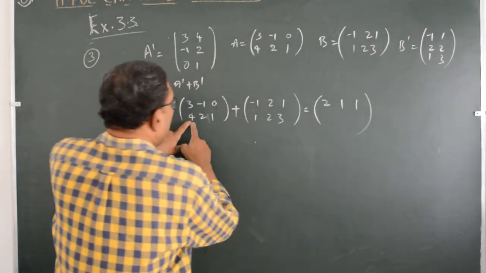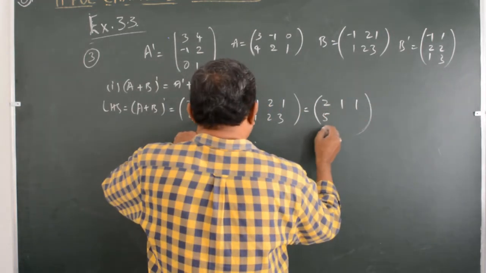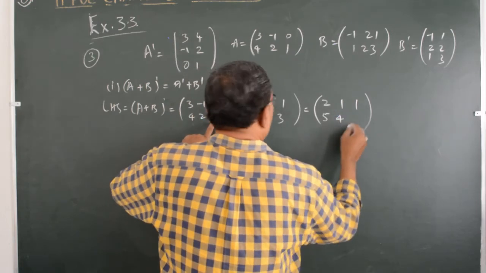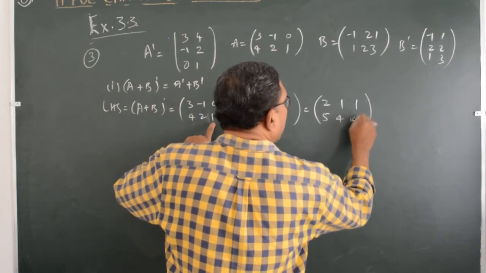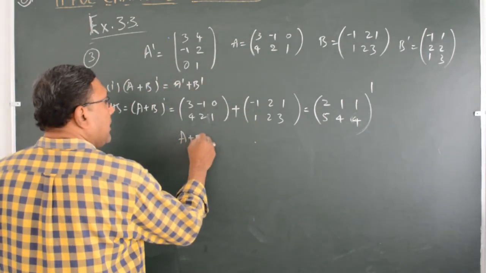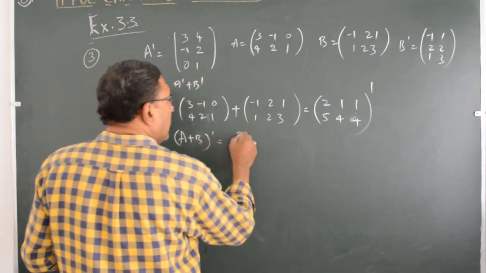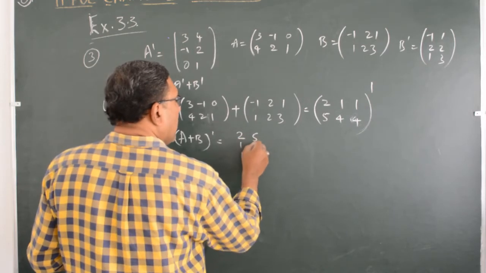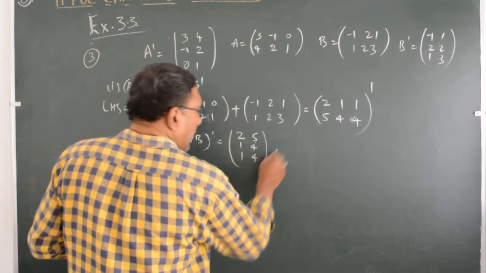And 4 plus 1 is 5 and 2 plus 2 is 4 and 1 plus 3 is 4, right? I have to do a transpose here, that is A plus B whole transpose is 2, 1, 1, 5, 4, 4. Remember this, okay?